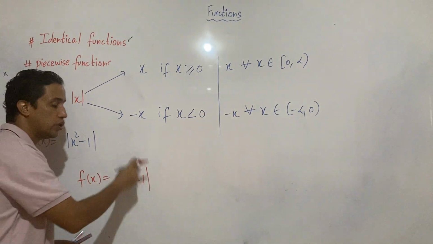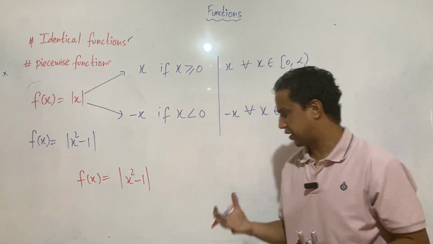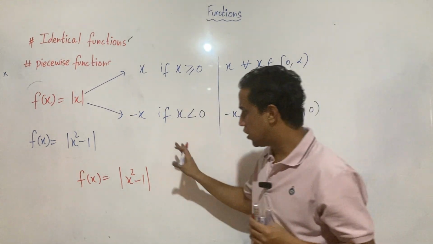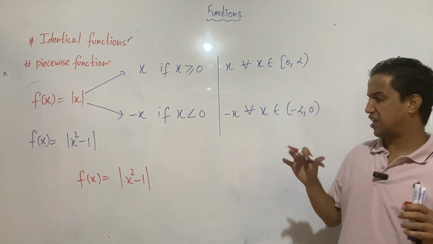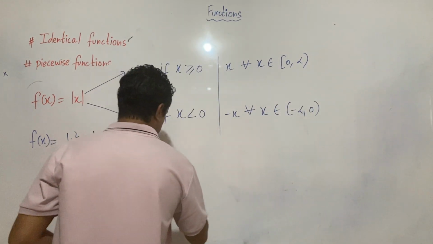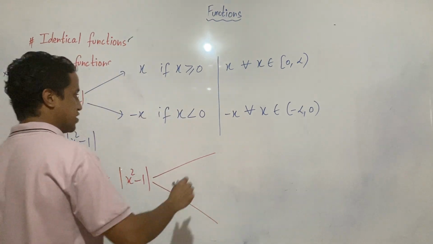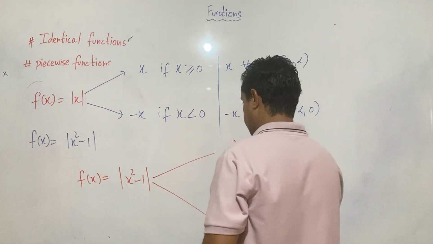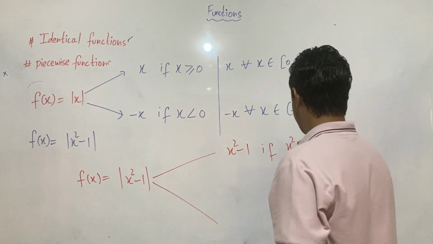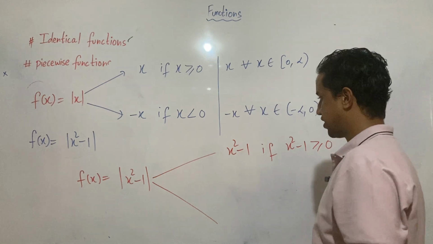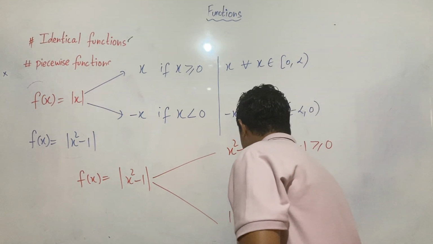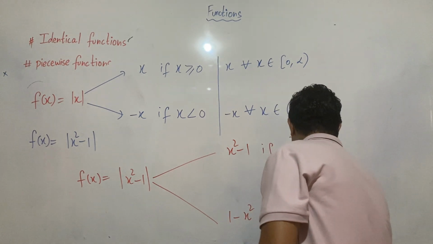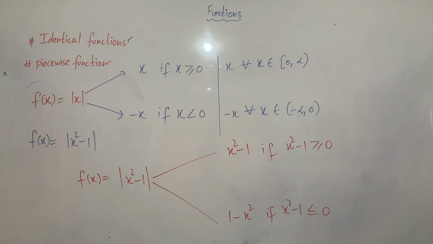Now, as a whole, it's a very complex approach to see this function as a whole. Better if we break it down into two pieces. First, this is going to be x square minus 1 if your x square minus 1 is greater than or equal to 0, and here it's going to be 1 minus x square if your x square minus 1 is less than 0, right?